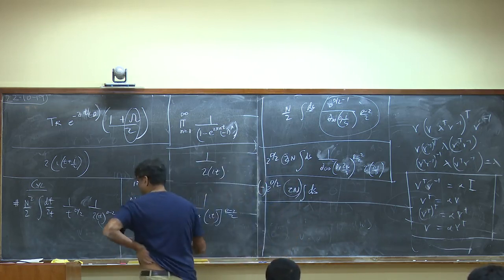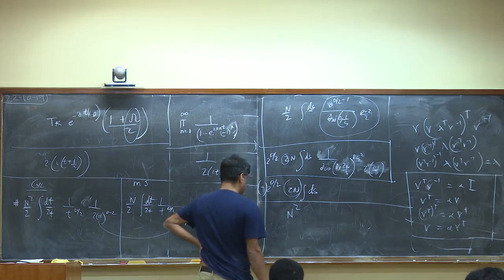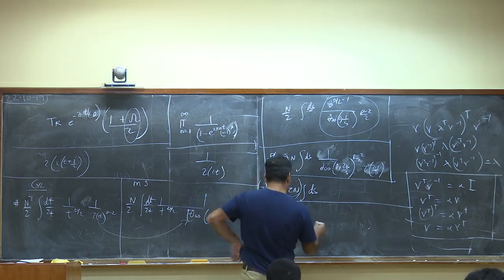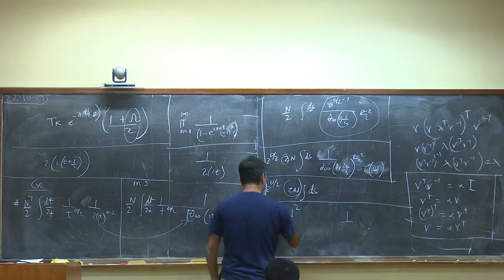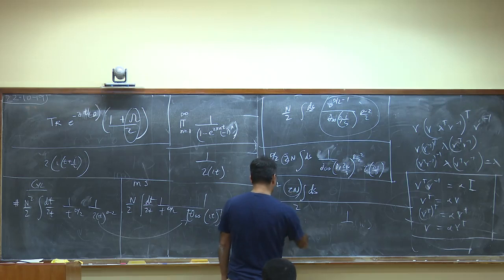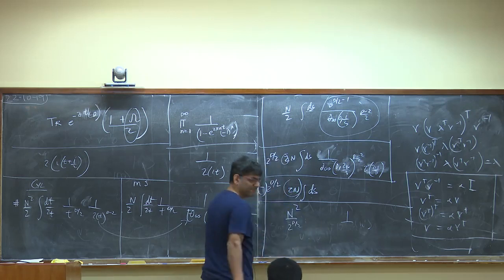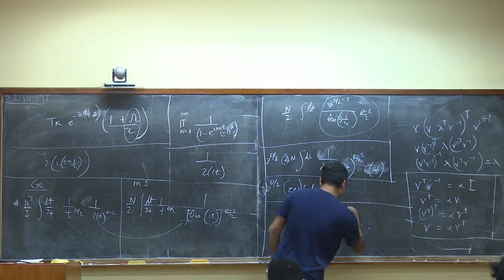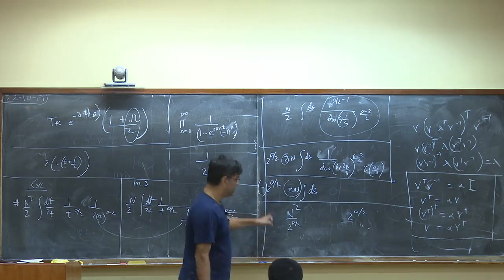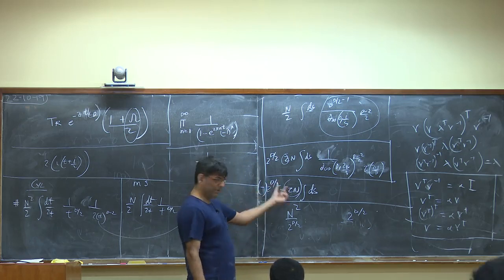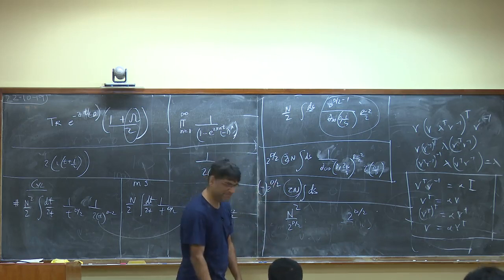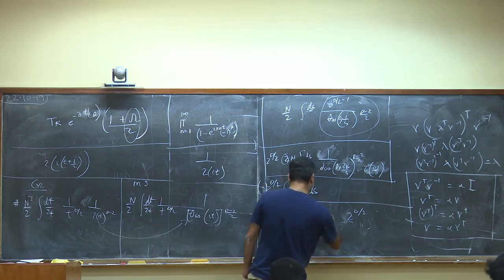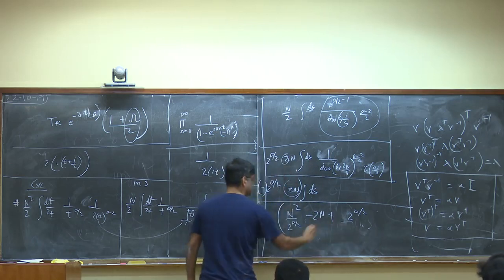We had n squared divided by 2 to the power d by 2, and then we had 2 to the power d by 2. This is an extra factor of 2 to the power d by 2 relative to the n squared. So the 2 to the power d by 2 is not there, and it comes to the minus 2n plus this.